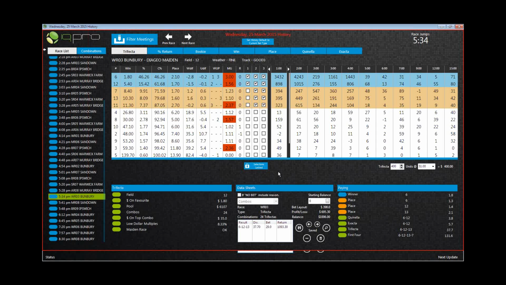Now you might say, well, that's really concentrating our selections in a small area of the field. But it's not so much the area of the field we're concerned about, it's the concentration of money that we're trying to accommodate. And certainly, relatively speaking, the concentration of money lies for those top 5 runners.